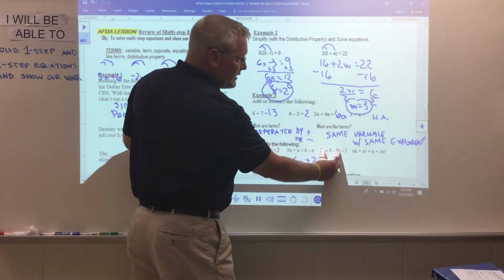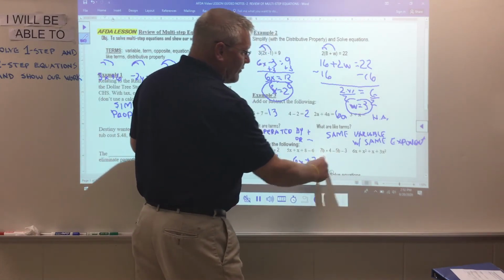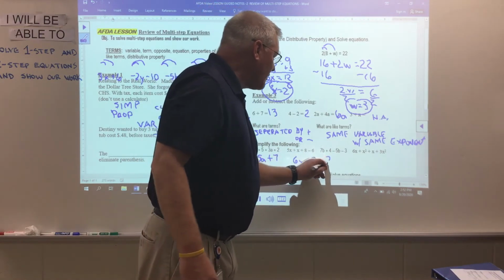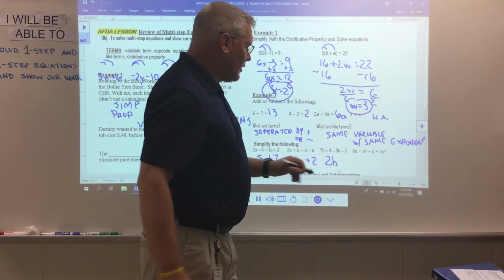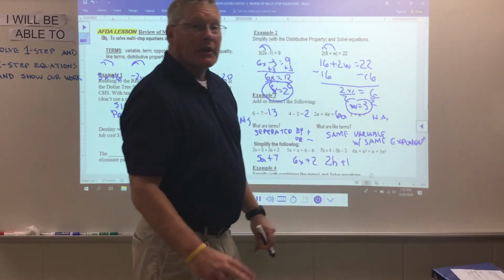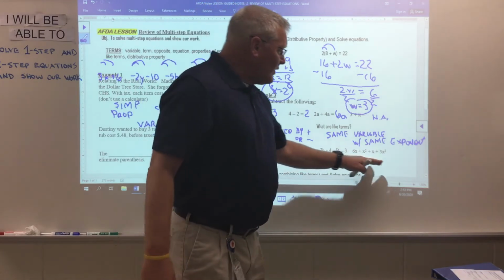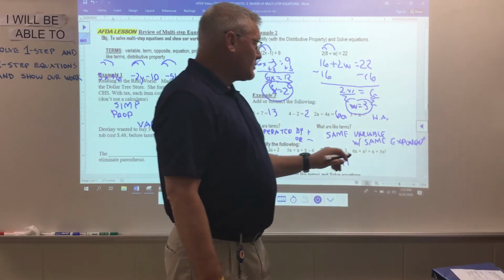Here we got some b's that are like, so we got 7b, and we're going to subtract off 5b, so that gives us 2b. And then we have a positive 4 and a negative 3. We combine those together, we're going to get a positive 1. Now, this one is a little tricky. It's got 6x plus x squared plus x plus 3x.